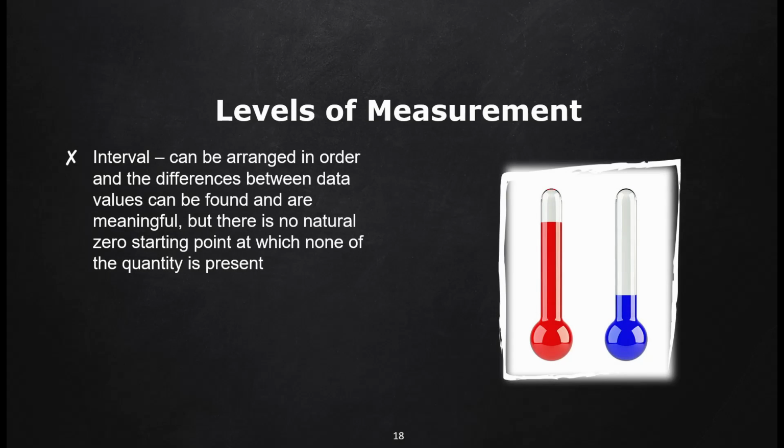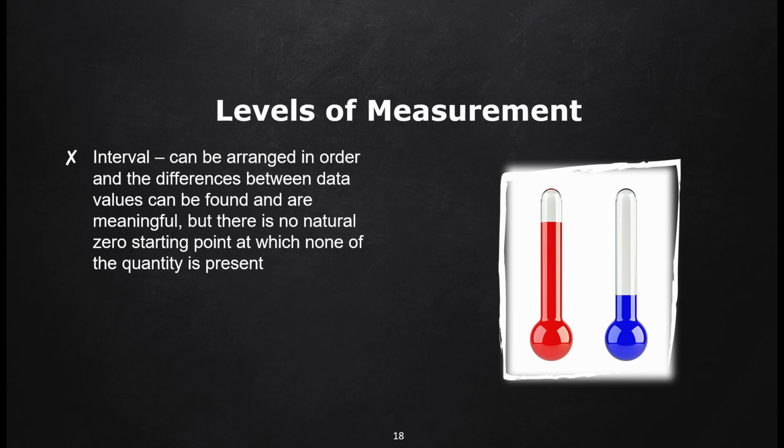Now we get into some cooler stuff here. Interval values. These values can be arranged in a specific order, and the differences can be found, and they're actually useful. But there is no natural zero starting point. That means none.